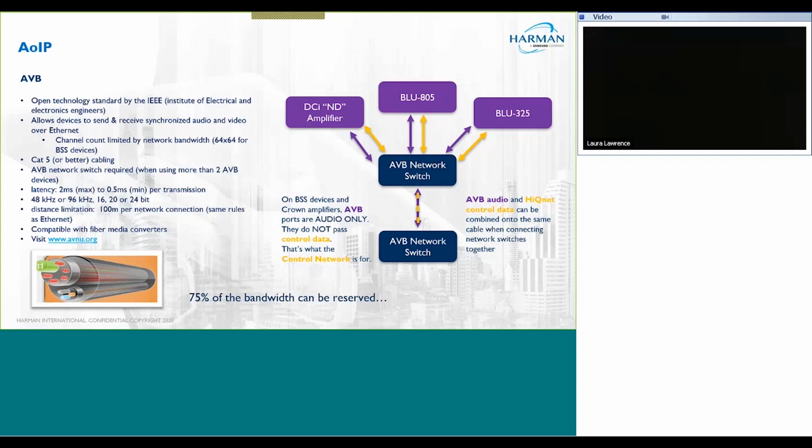So if you're comparing apples to apples between the different formats here, realize that there wouldn't be a licensing fee involved as an additional cost that always gets passed along to the customer, the end user, et cetera. But anyway, if you want more information about ABB and get into the nitty-gritty details, just go to avnu.org, and that's the website for Avenue Alliance, which basically created this, and it has a list of all the partners who support ABB.